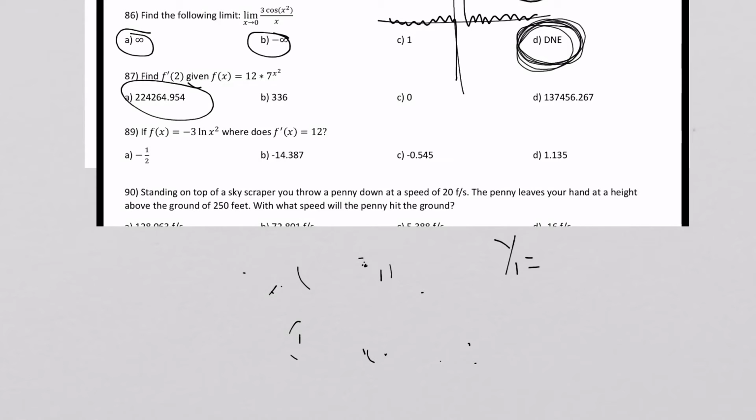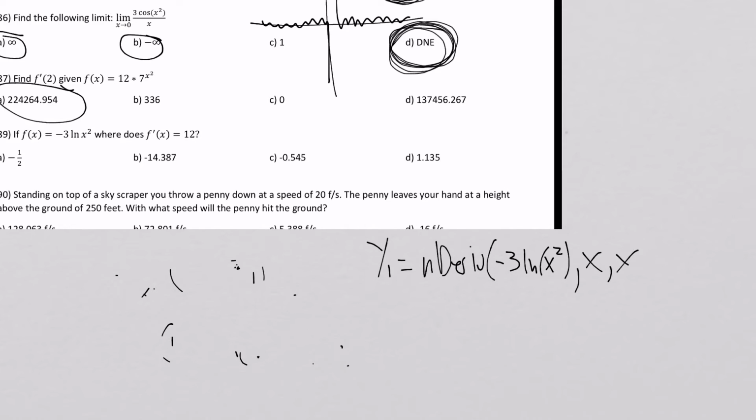In y1, you should probably just graph nderiv, type your function, which was negative 3 ln of x squared. Close it if you want, doesn't matter in this case, comma, x, and then in y2, go and type 12.